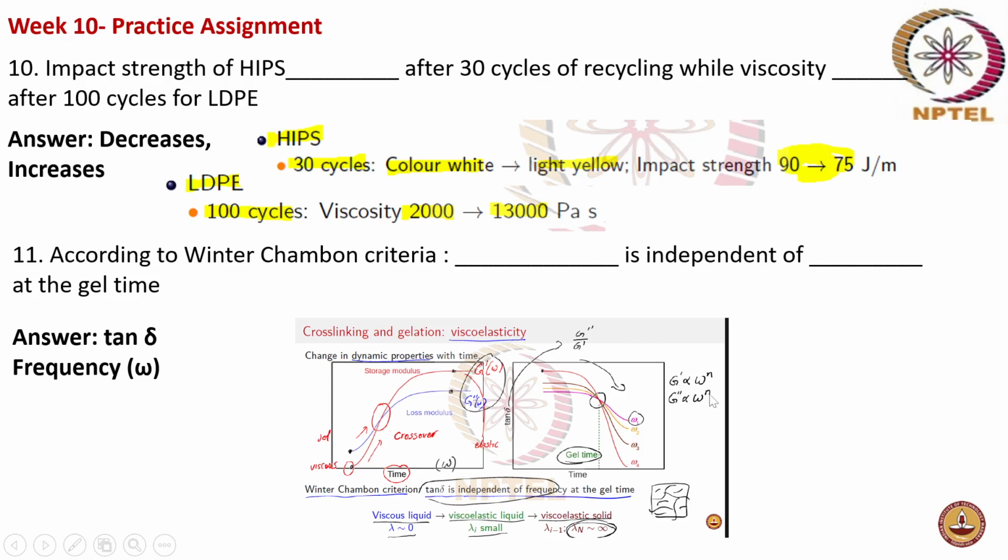So G prime is proportional to omega power n, G double prime is proportional to omega power n. Since both of those are same functions of omega power n, we know that tan delta, the dissipation factor, is G double prime by G prime. So that means both gets cancelled, omega power n by omega power n. That means it is independent of frequency.